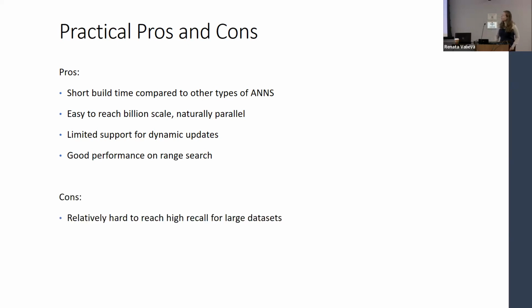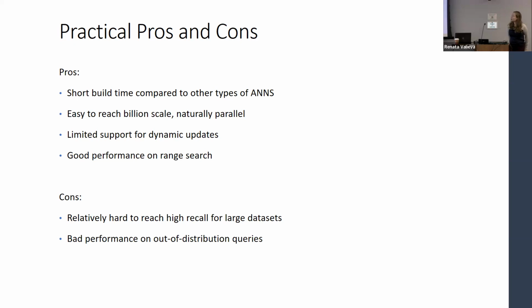On the other hand, it's relatively hard for these LSH algorithms to reach high recall for large data sets, because if the k-nearest neighbor ball of a particular query just overlaps with a ton of buckets, you'll be left doing an exhaustive search over tens of thousands of points, which just gets too expensive.